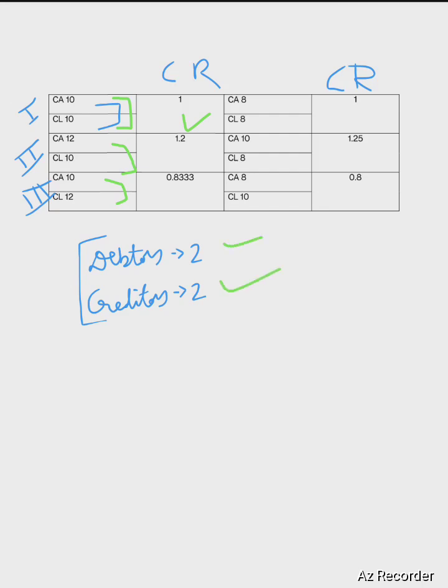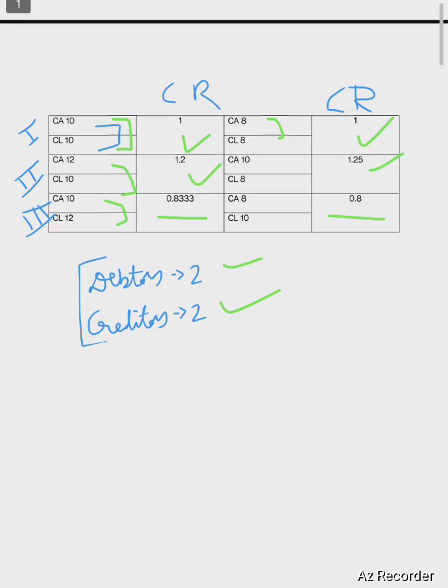So both are paid, meaning the creditor is paid and the amount has been received from the debtor. In this case, your current ratio will be 8 and 8, meaning the current ratio will remain intact. In the second example, where the current ratio is 1.2, it will increase to 1.25. And in the third example, wherein the current ratio is 0.833, it will reduce to 0.8.